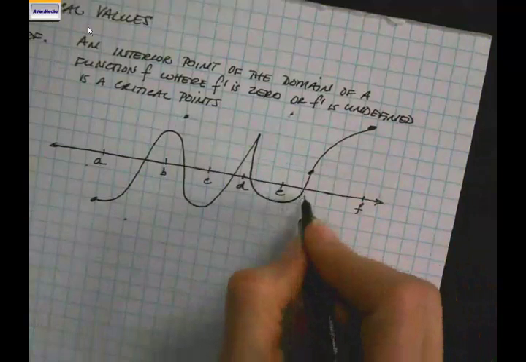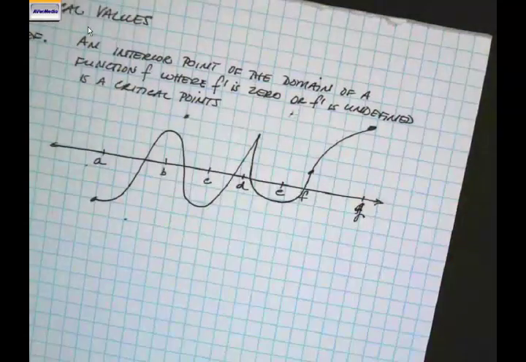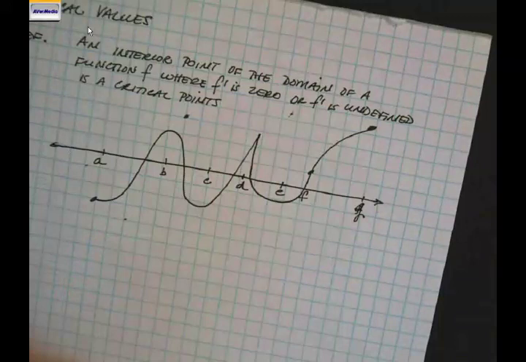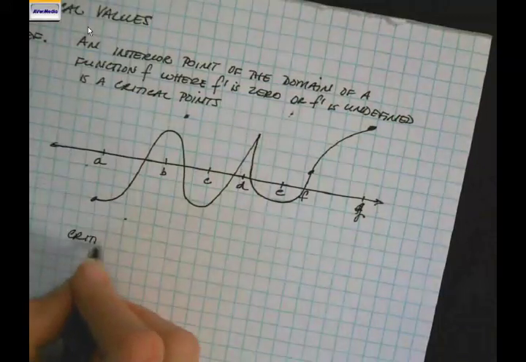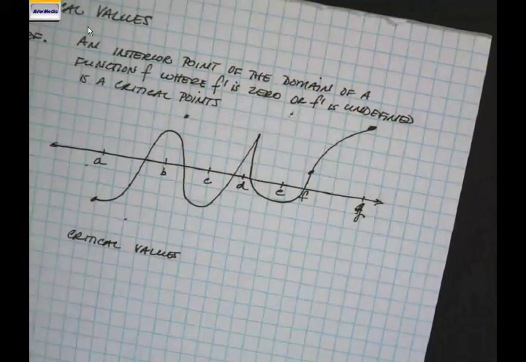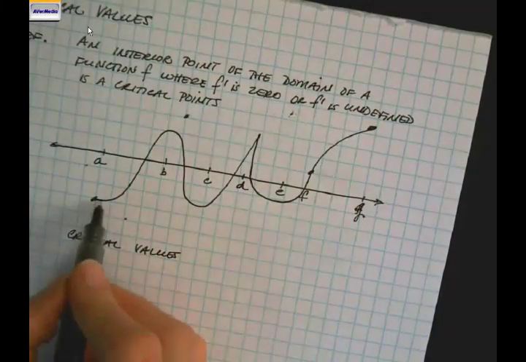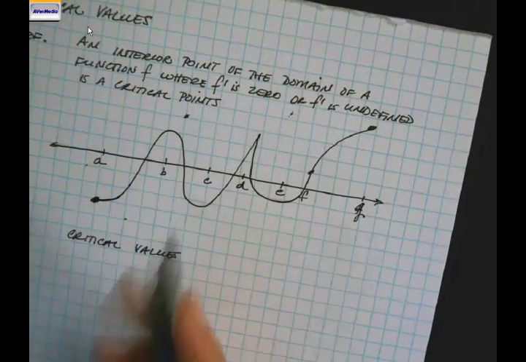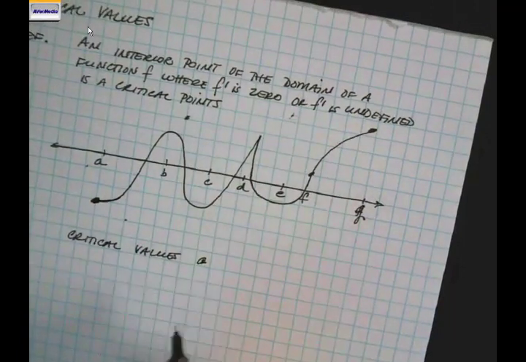Let this one be F, and let this be G. So let's think about critical values. The critical values occur where the first derivative equals 0 or where the first derivative is undefined. Well, we can have a one-sided first derivative coming in from the right, which is going to give us a horizontal tangent here at this endpoint. So A is a critical value.